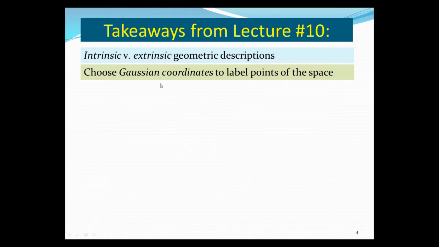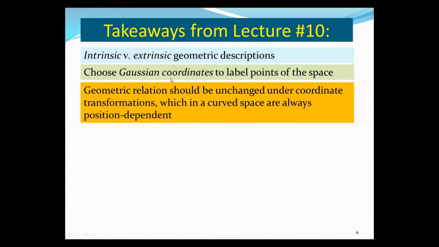And you can label points in the space by the so-called Gaussian coordinates. Since the choice of Gaussian coordinates is arbitrary, you want the geometric relations to be unchanged, invariant under coordinate transformation, which in the curved space is position dependent. Because that, in fact, introduces some mathematical complications.